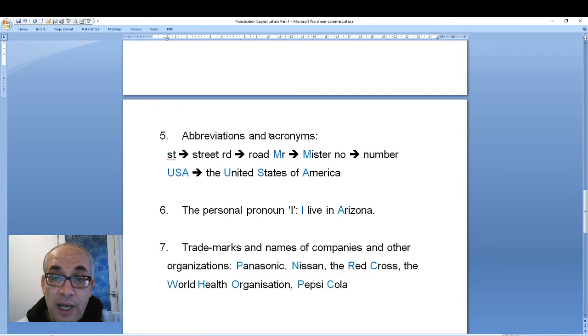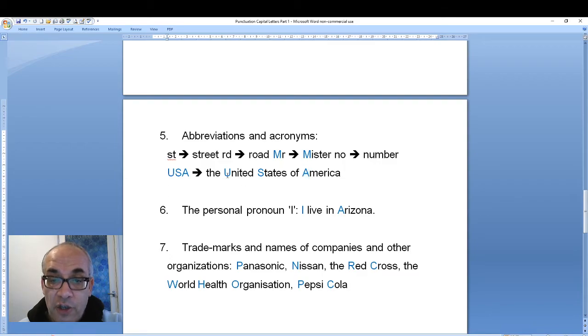Acronym is different. What's the meaning of an acronym? If you look at this one here, the United States of America. I take the first letter from United, the first letter from States, and the first letter from America.